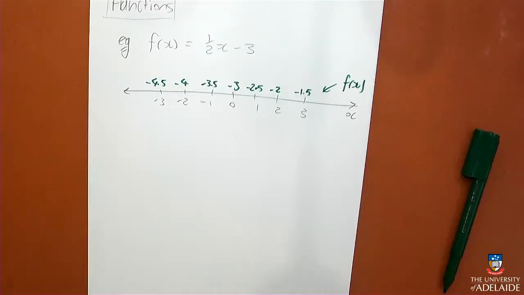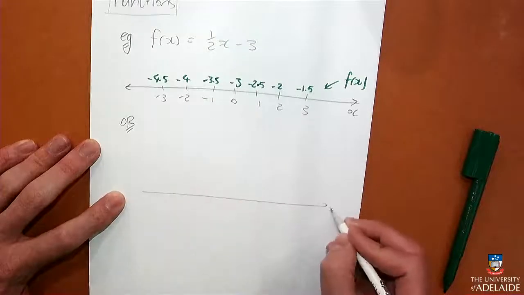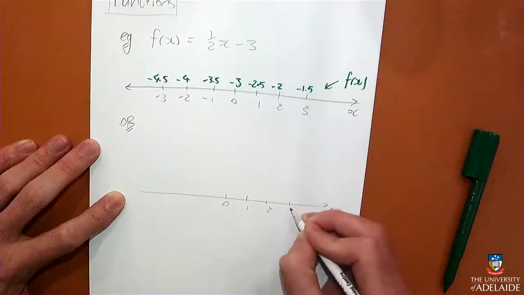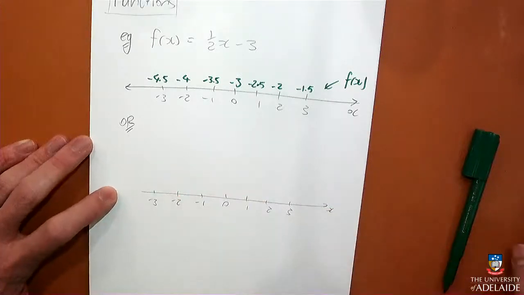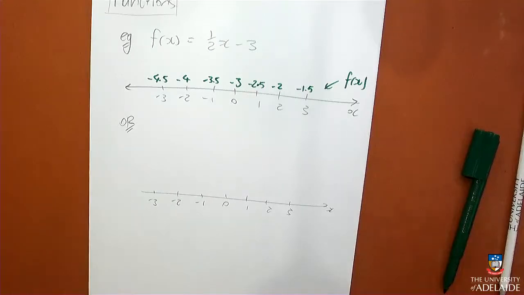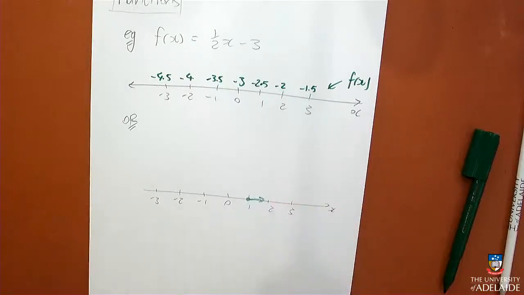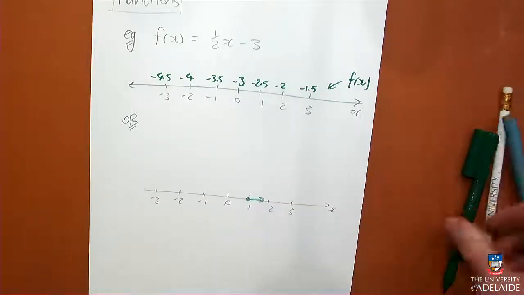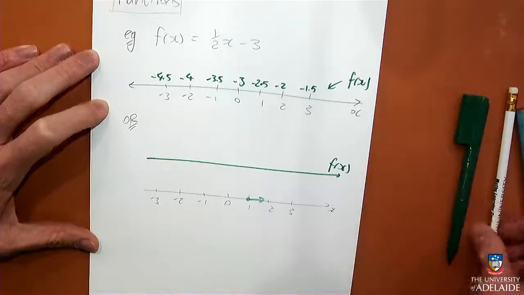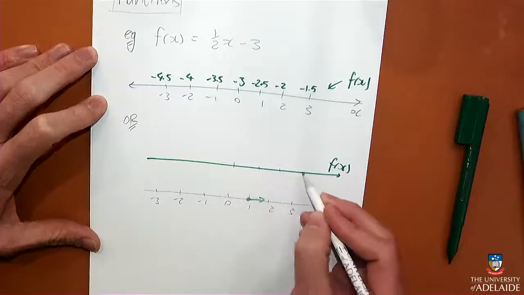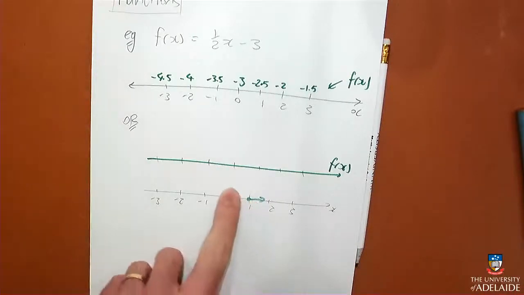So one way that you can organize this representation is to have the values of x and you have a point moving on the x-axis, like that, and then there is another line to show what the value of f of x is, so here at 1 the value is minus 2.5.